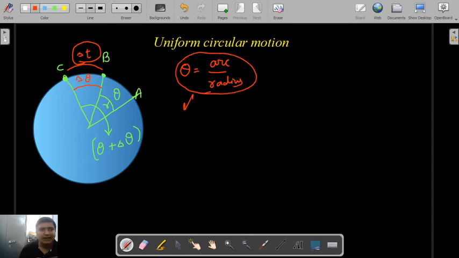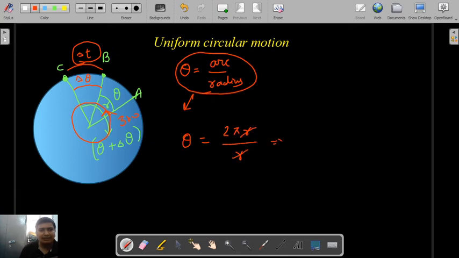For a complete cycle, the maximum angular displacement is the whole angle, which is 360 degrees. So for a complete cycle, theta equals arc, that is 2 pi r, upon radius, that is r.